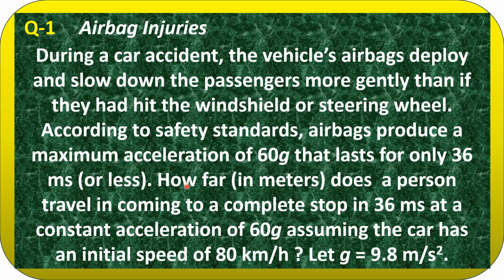Question is, how far in meters does a person travel in coming to a complete stop in 36 milliseconds at a constant acceleration of 60 g, assuming the car has an initial speed of 80 kilometers per hour? Let g equal 9.8 meters per second squared.